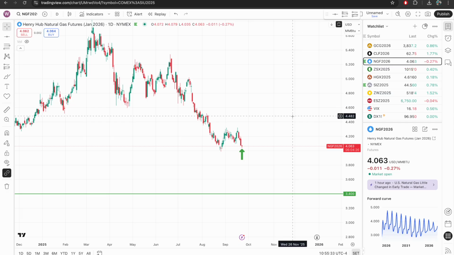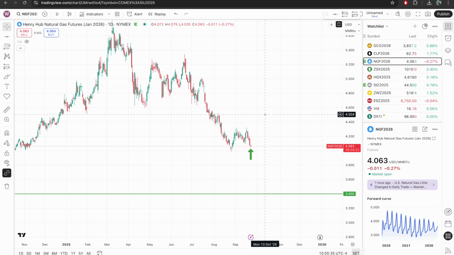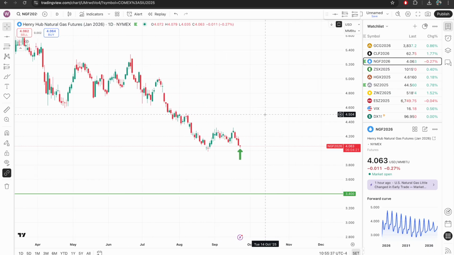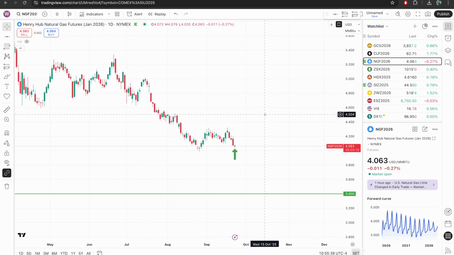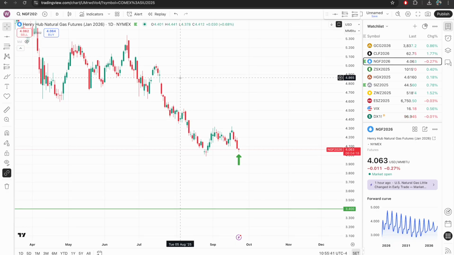So for natural gas, my next question is, is it an uptrend, downtrend, or side trend? Now this is a bit tricky because it's been going on a downtrend for quite a while, and now it's creating somewhat of a side trend. I'm not sure. So for me right now, it's unspecified, and I wouldn't trade it. If I don't clearly see what's going on, I'm not going to trade it.